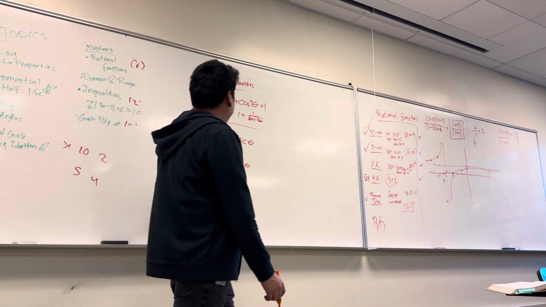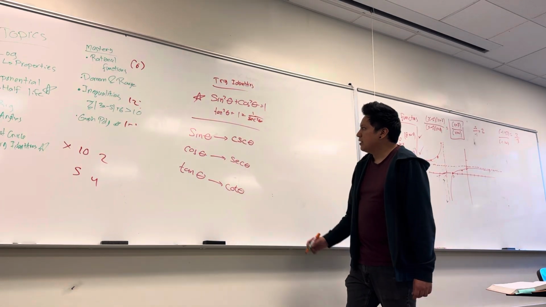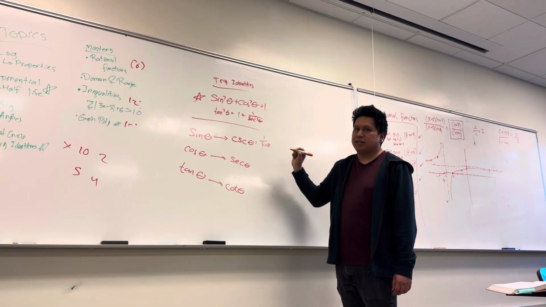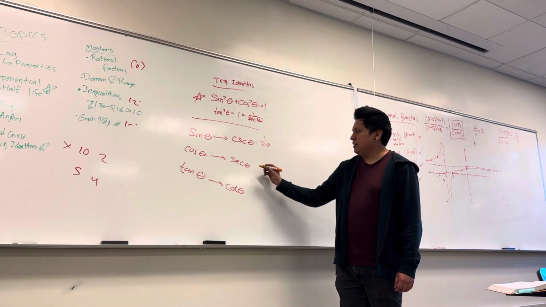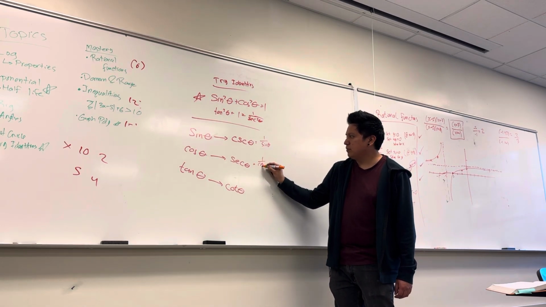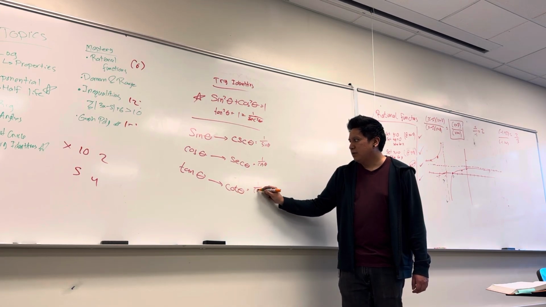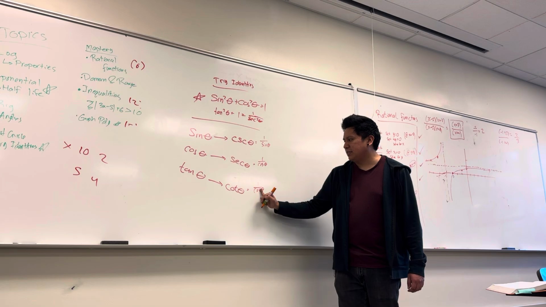All I really mean by this, which I think you guys already know, is that cosecant is the same thing as 1 over sine, secant is the same thing as 1 over cosine, and cotangent is the same thing as 1 over tangent.